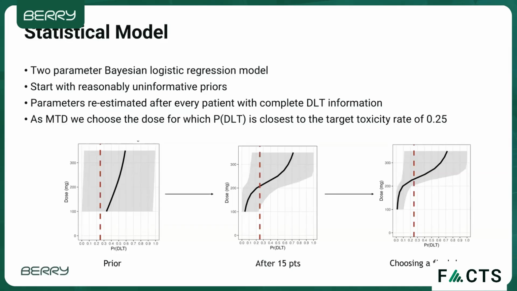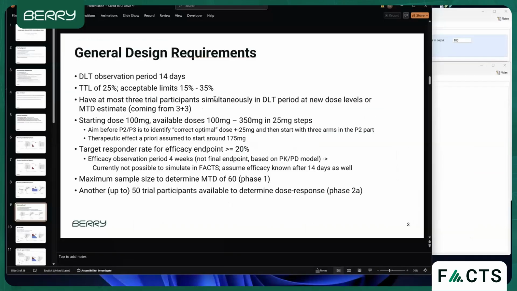Either they do some sort of isotonic regression and then choose the estimate that's closest to the target, or they choose the estimate that's below but closest to the target. And in this case here, we're choosing the dose for which the model estimated probability of a DLT is closest to the target toxicity rate, 25%.